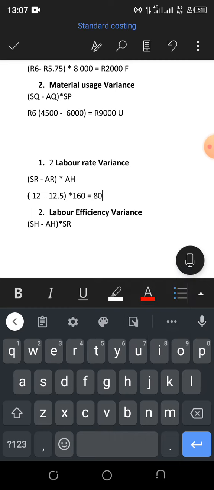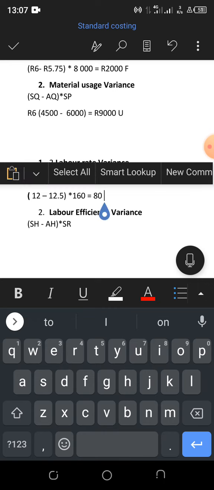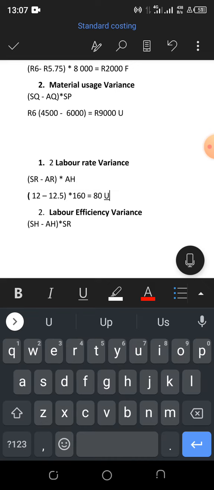The question is, is it favorable or unfavorable? That's the question that you have to answer. It's unfavorable. Why? We pay employees more than what we planned.